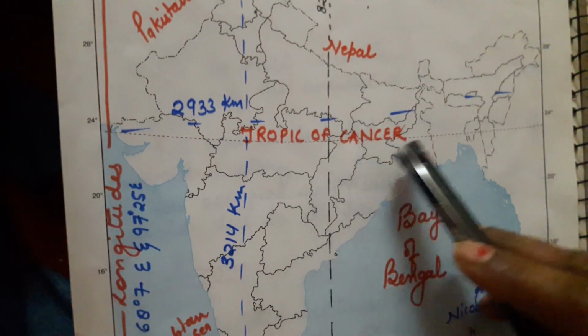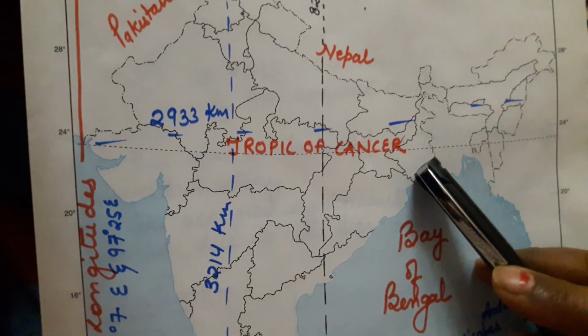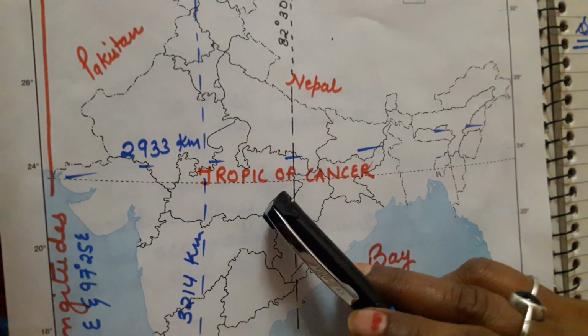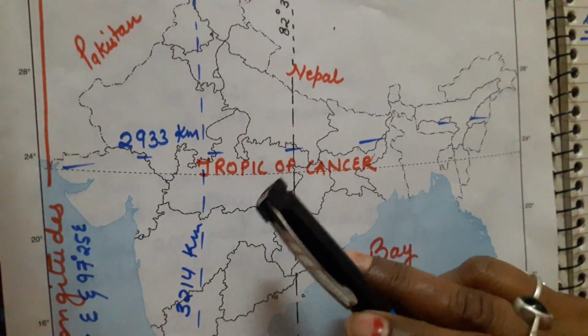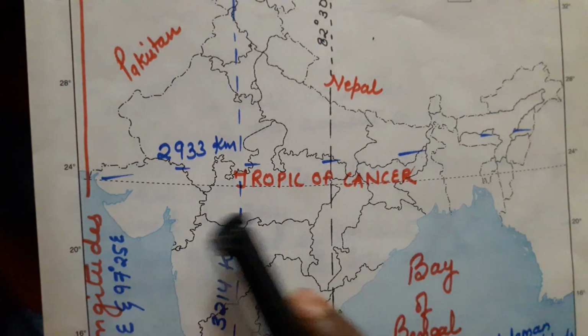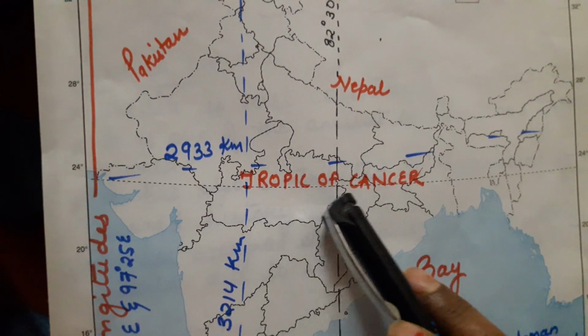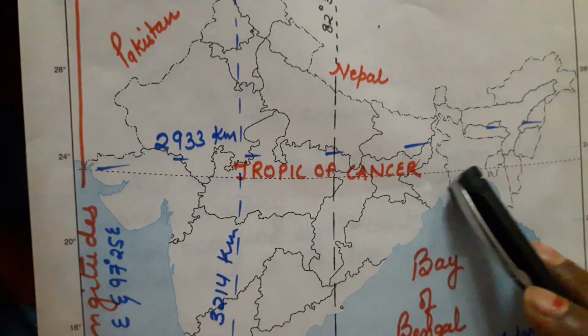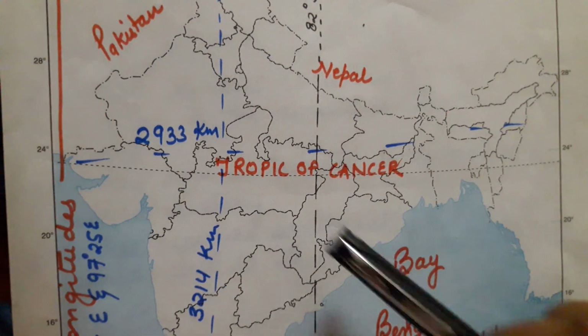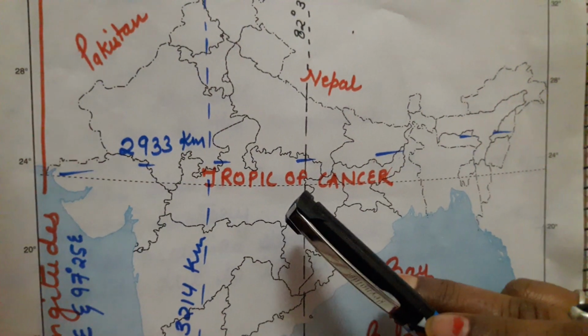So this Tropic of Cancer also passes through India, approximately through the center of India. As you see, this is Madhya Pradesh, the center of India, and this line passes through Madhya Pradesh.